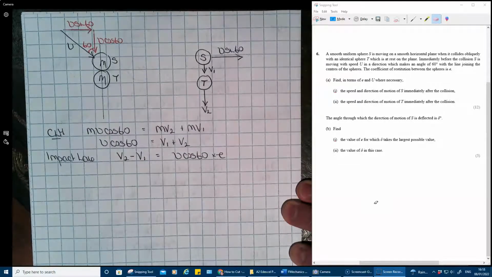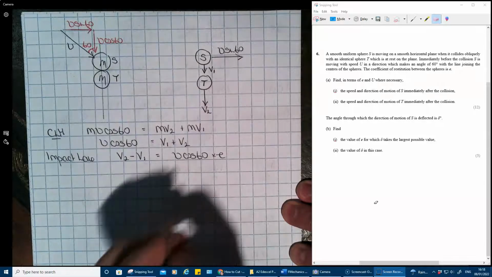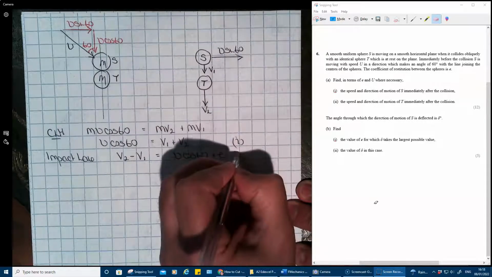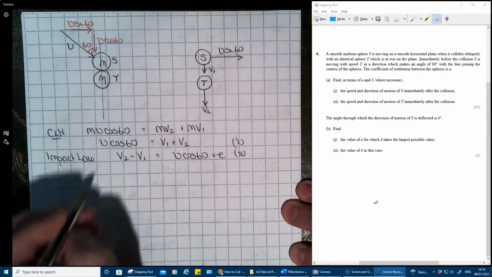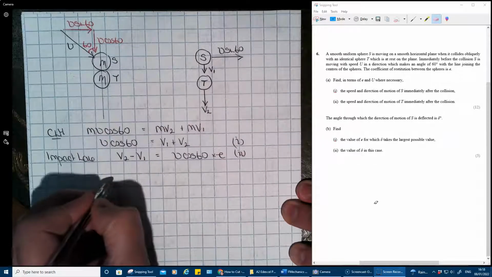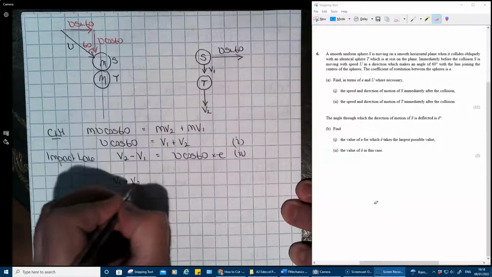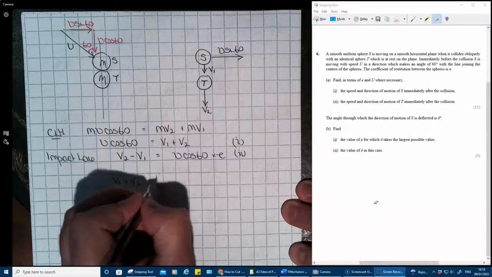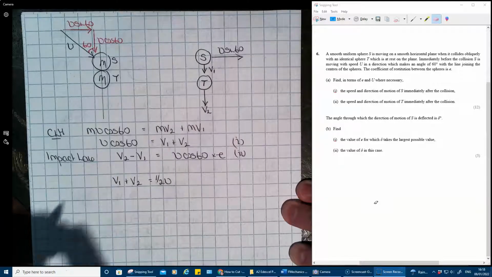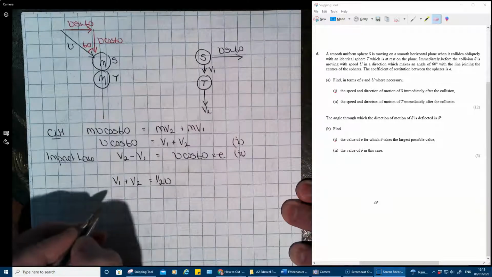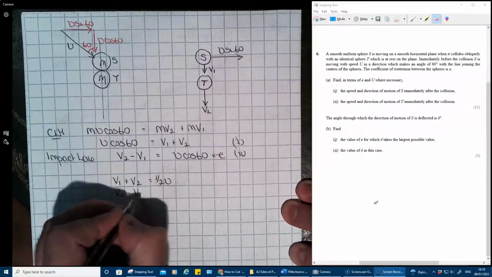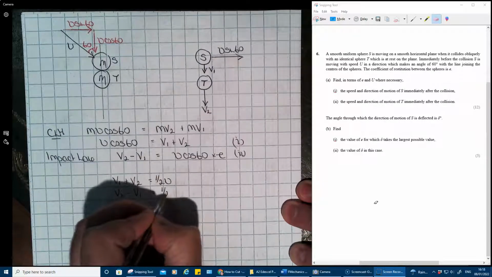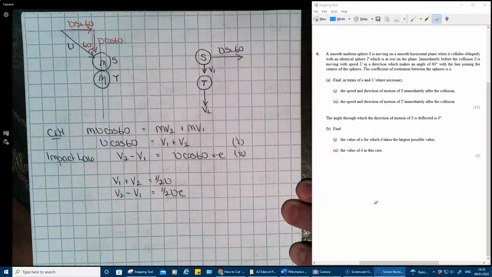Okay, so we now have two equations we're interested in, 1 and 2. Let's rewrite those out a bit better. Equation 1 is v1 plus v2 equals a half u, and equation 2 is v2 minus v1 equals a half u e.